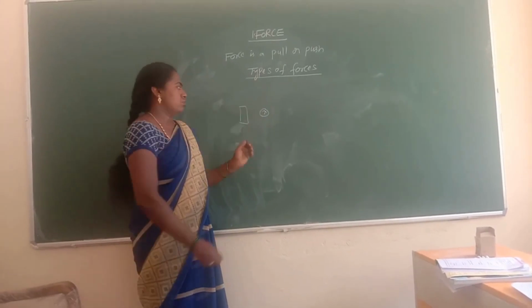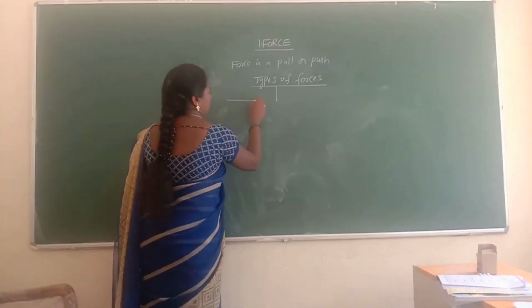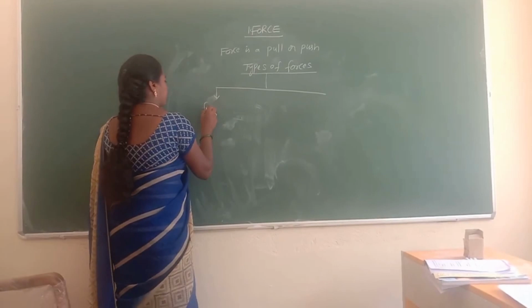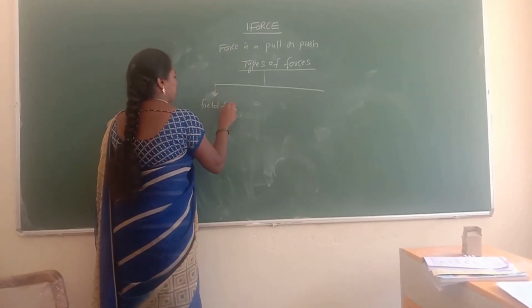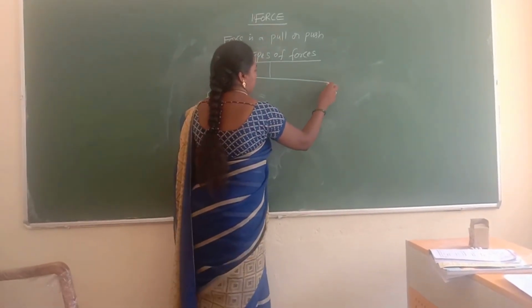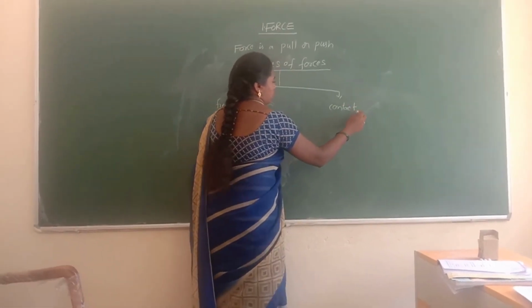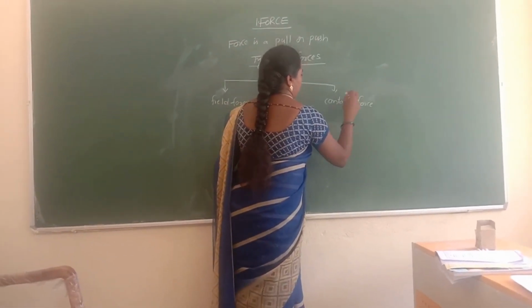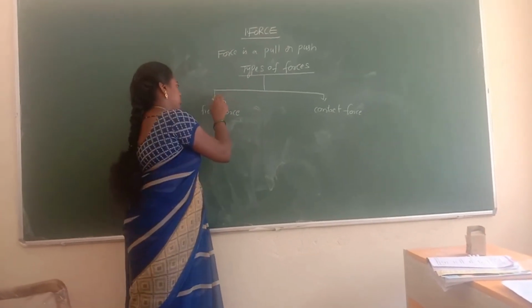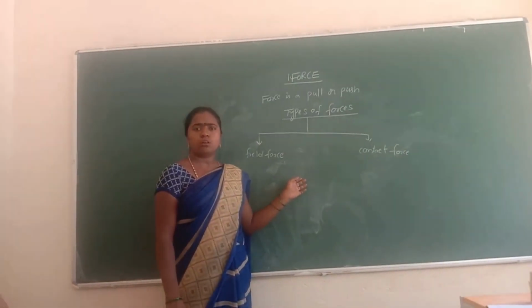The first one is field force, and the second is contact force. Activity 1: the bar magnet near the magnetic compass.